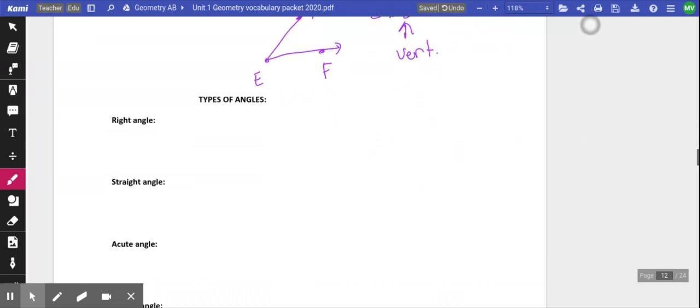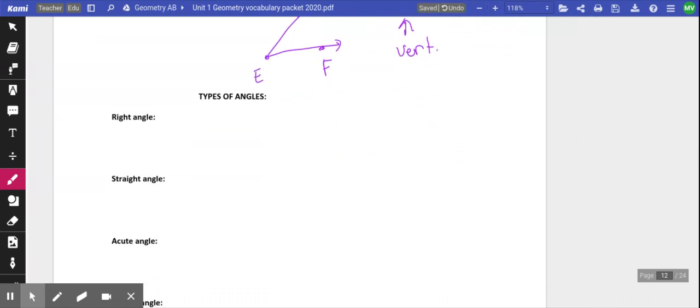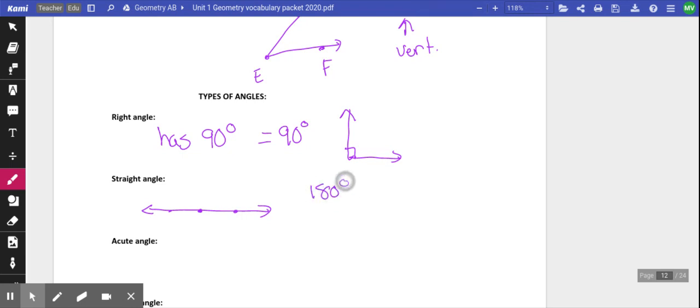Types of angles, I'm assuming you know most of these. A right angle equals 90 degrees, and we always represent that by putting a little box. A straight angle is our opposite rays, so it's 180 degrees.